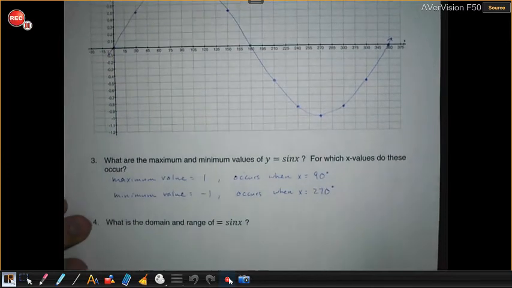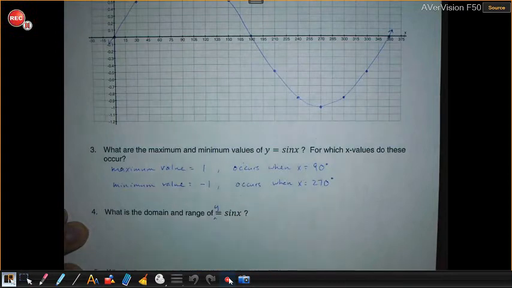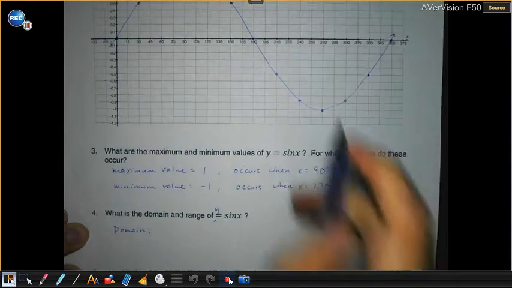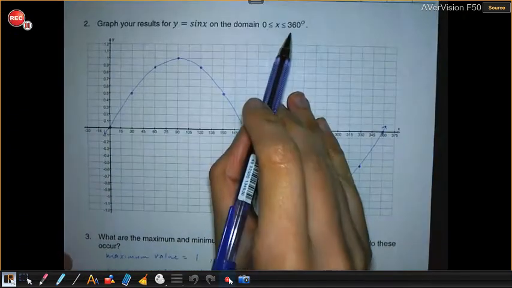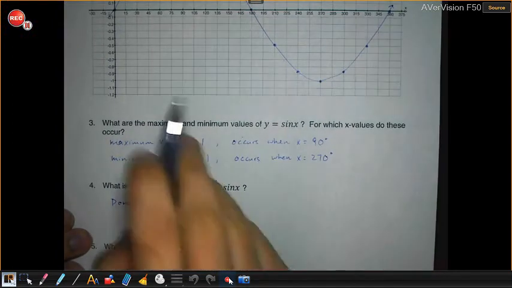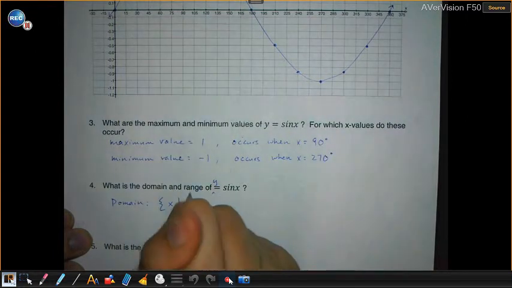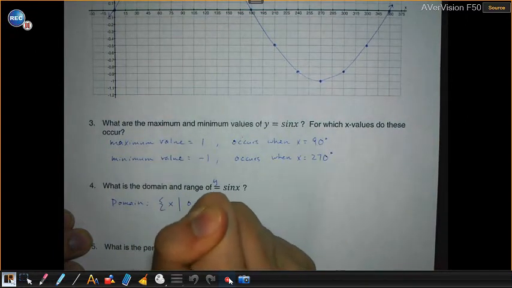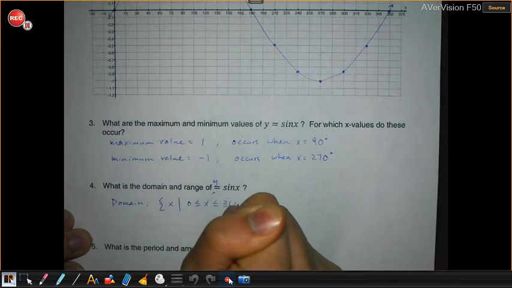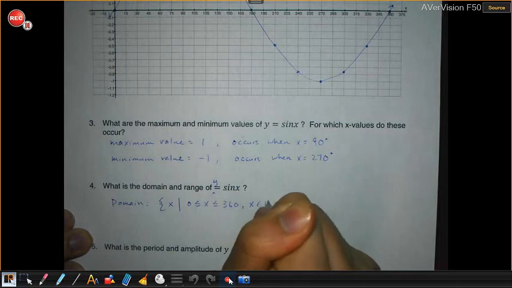What is the domain and range of y equals sine x? The domain is given in the question. We just graphed it from 0 to 360. Looking at the x values for the domain, between 0 and 360, it includes all the real numbers in between.